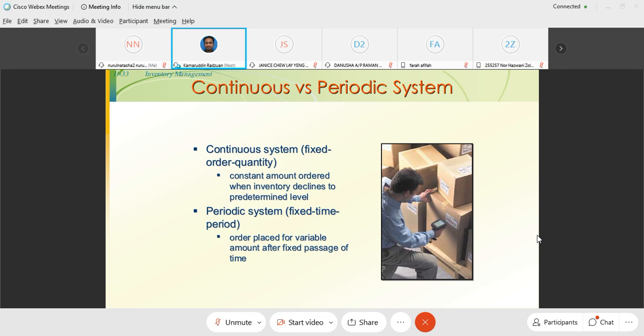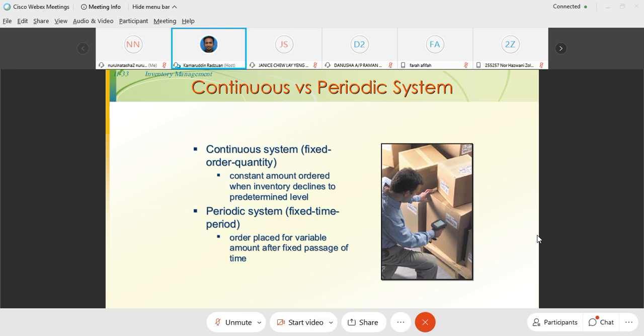The second system is the periodic review system, which has a fixed time period. The order will be placed for a variable amount after a fixed space of time. So we need to decide the interval time for the reorder process under the periodic review system.